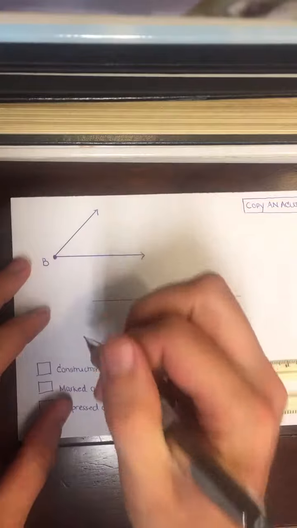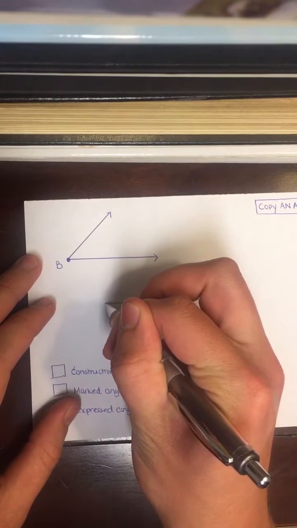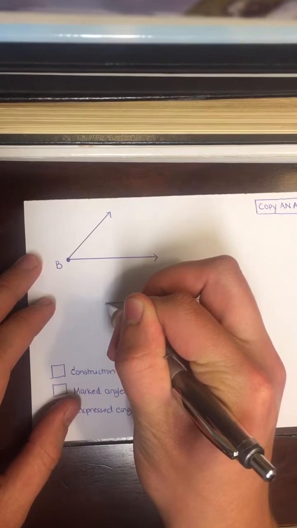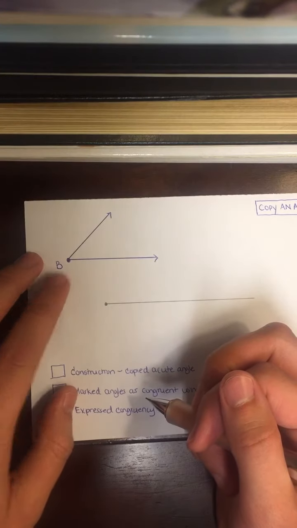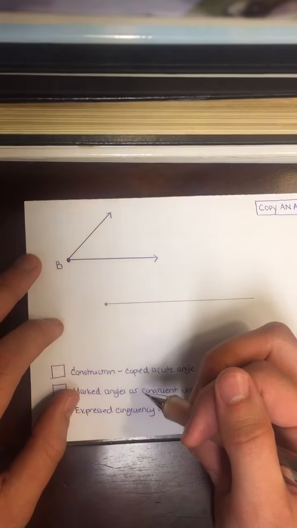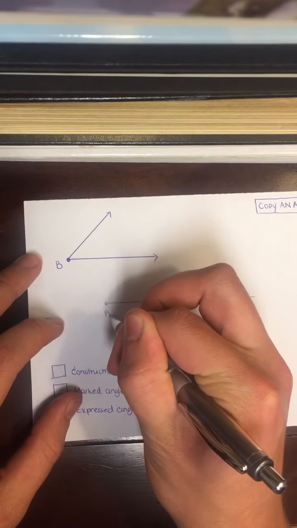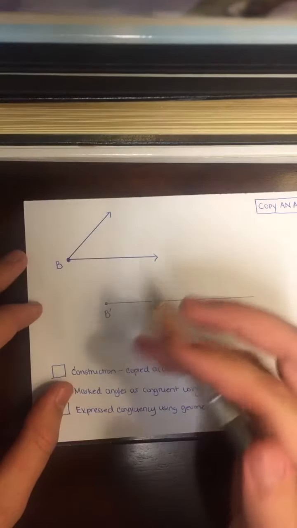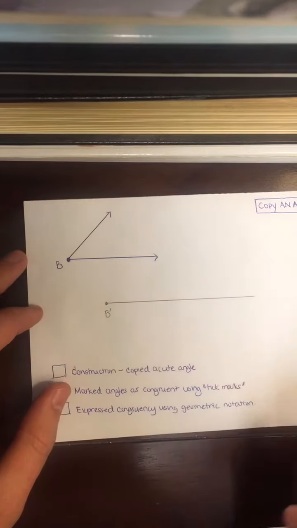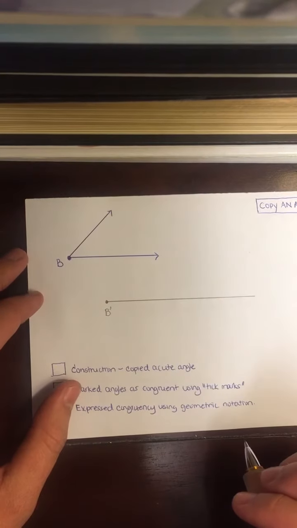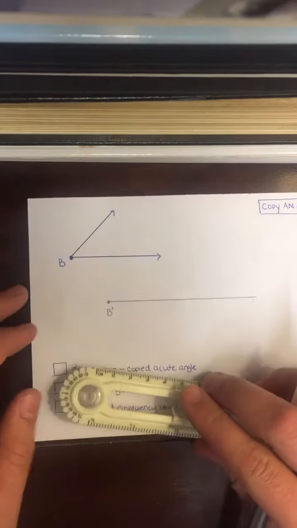I'm going to start off by identifying that point in the very far left side, also called the vertex of my angle, point B. Because I am copying down below, I'm actually going to name this B prime. Again, that little apostrophe next to my B is read as B prime. And that essentially means that this point is copied. So that's our first step.